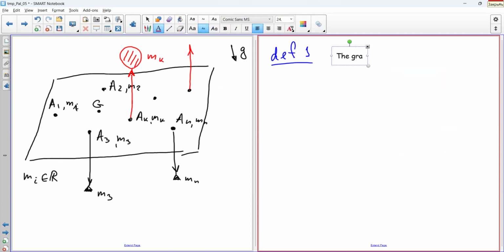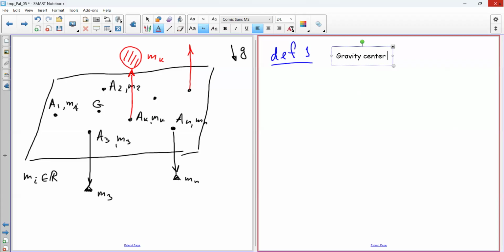The gravity center, we still haven't shown, and so we don't know that G is a unique point.